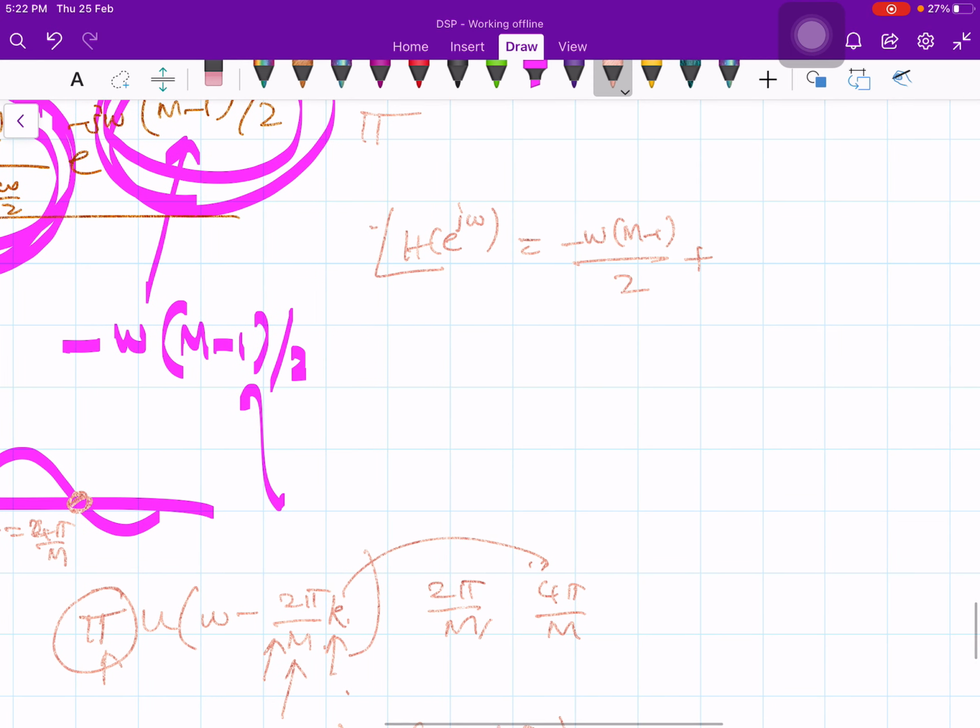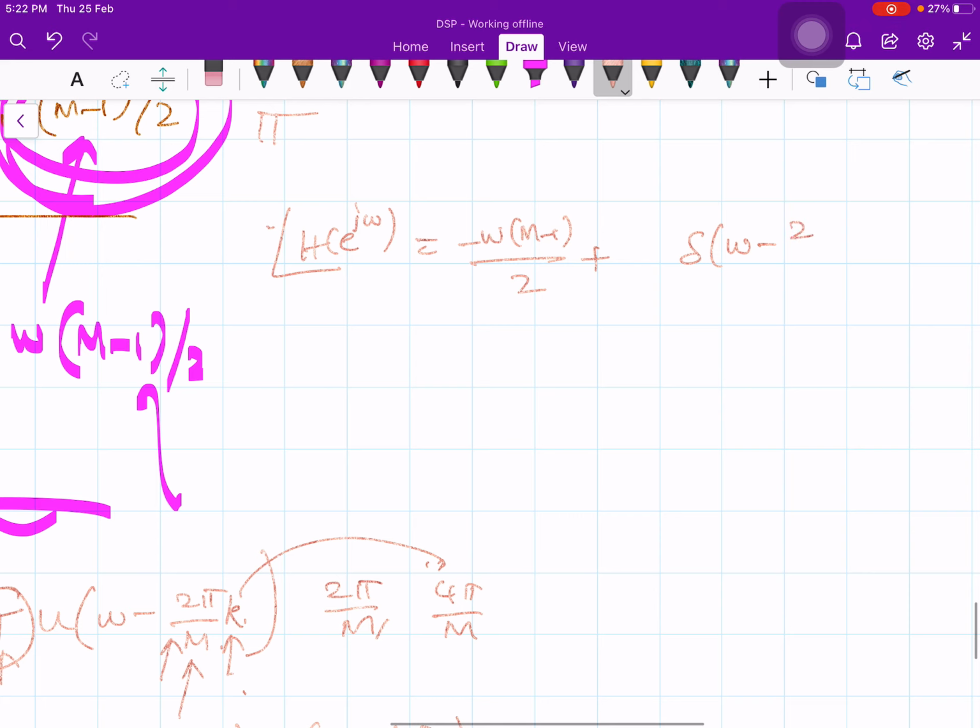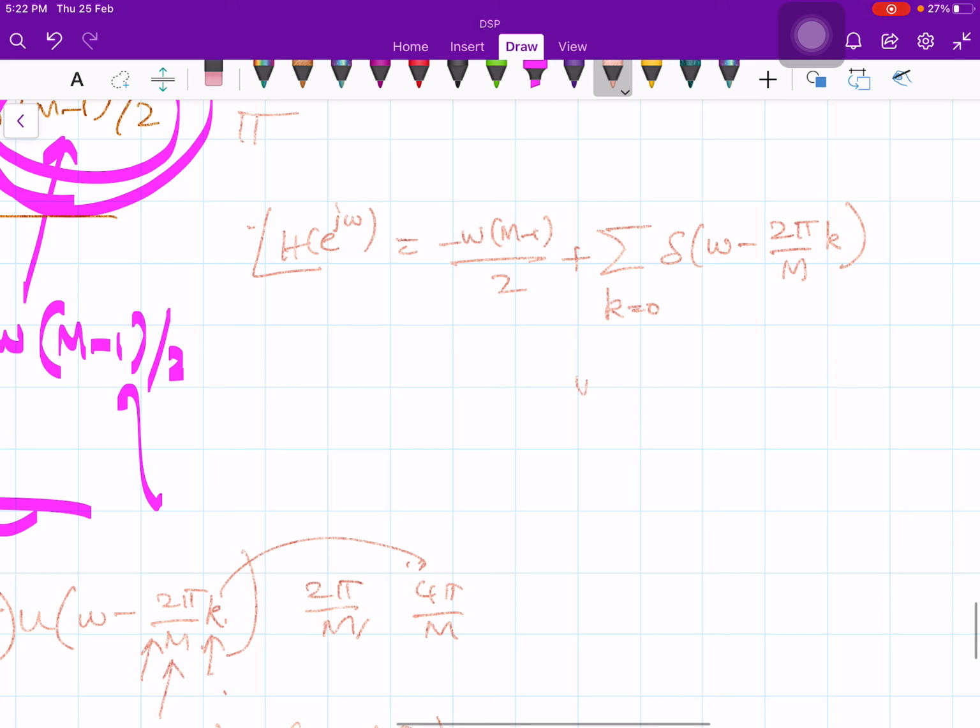So delta of omega minus 2 pi by capital M times k, and let me sum up this phase, k is equal to 0 to how many transitions will occur? I cannot go up to infinity.